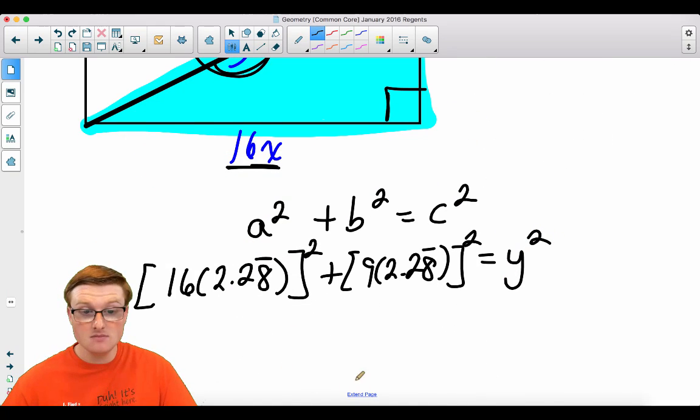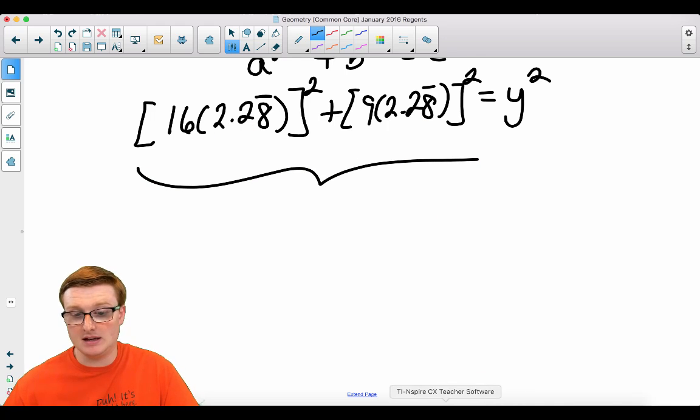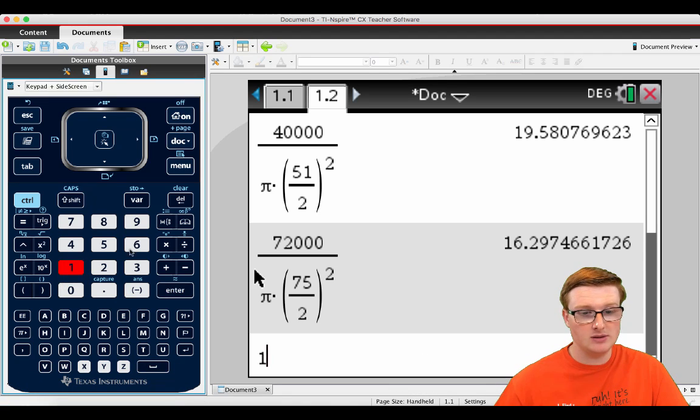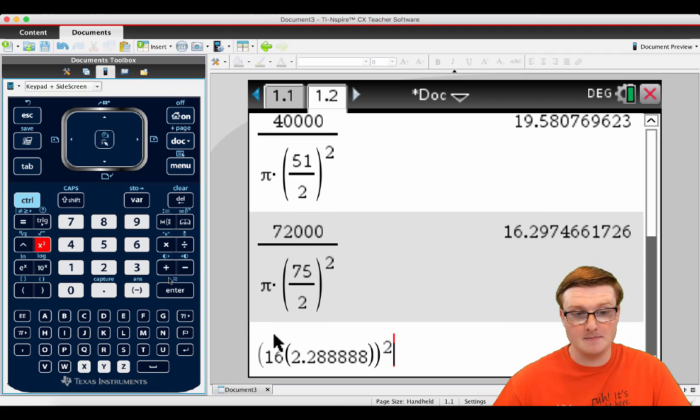Great. We now need to type this into our calculator, because the calculator has to do all the work. So it's 16 times 2.288888 repeating. Now, I usually put in 1, 2, 3, I put in 5/8. That's fine. You don't need to put in the whole thing.